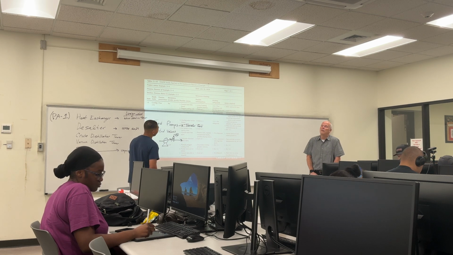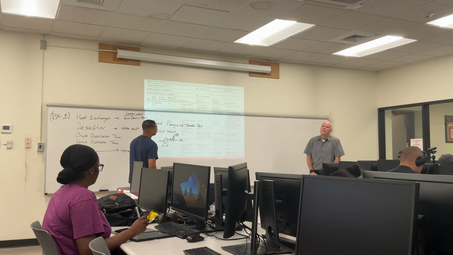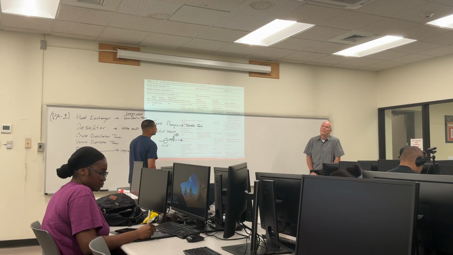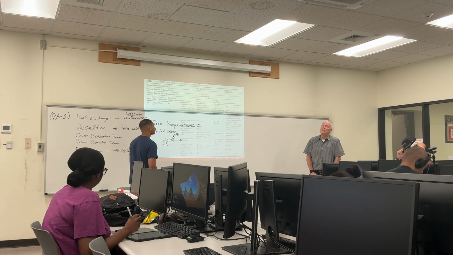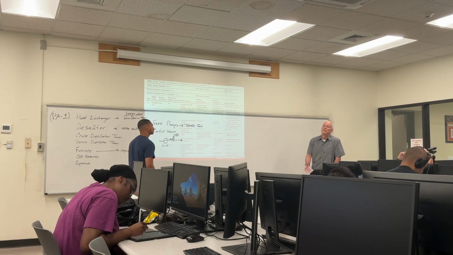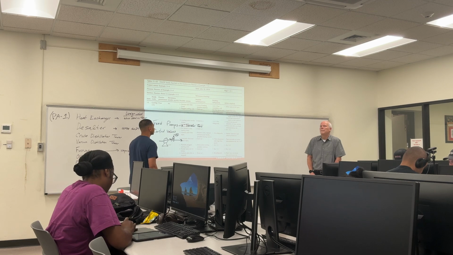How is somebody gonna know that that happened? An indicator, like a flow indicator. An indicator, but how do they know that that indicator went to zero or dropped really low? An alarm. Okay?